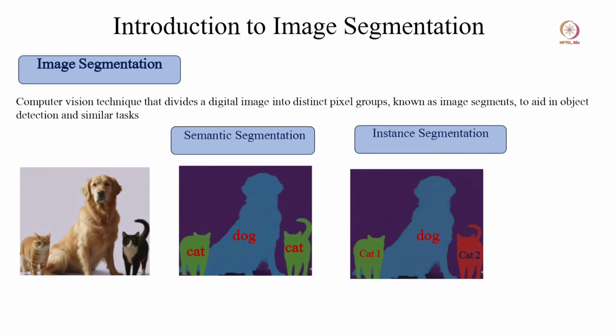The pixels of the cats have the same green color. In the second one, which is called instance segmentation, the pixels of cat 1 are green and the pixels of cat 2 are red. So these are the different types of segmentation: one is semantic segmentation, another is instance segmentation.